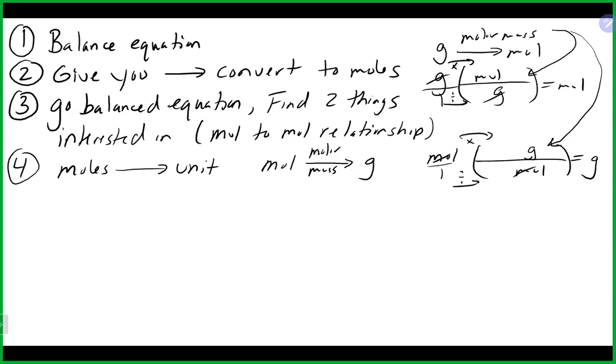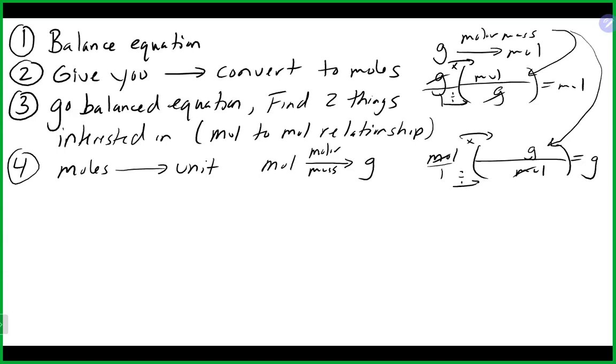Any questions on that? We're going to obviously do some here in just a second and show you. It really does depend on the question. For step number 4, in most cases you will probably leave the answer in either moles, which means you may not have to do step number 4, or you may have to do step number 4 and convert it to grams, which is a very common ending. But honestly, you can be asked to solve for anything at the end.